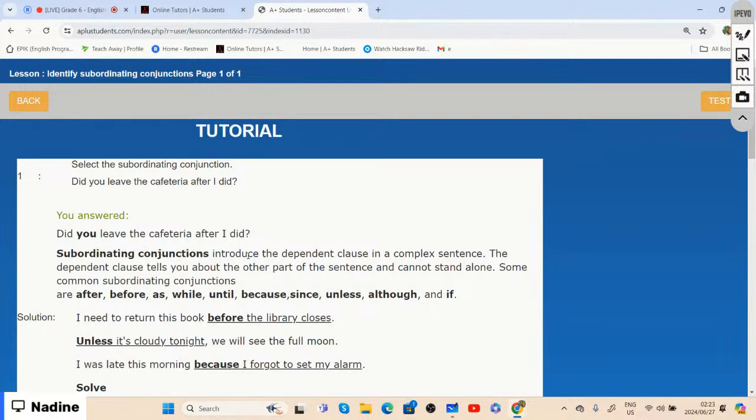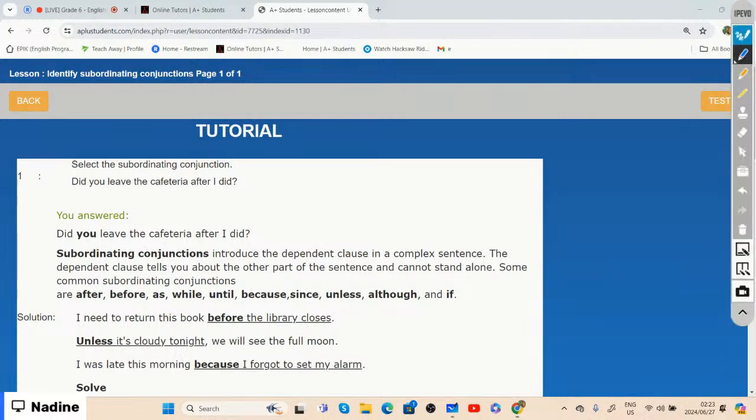It says, this one: did you leave the cafeteria after I did? We need to select the subordinating conjunction.